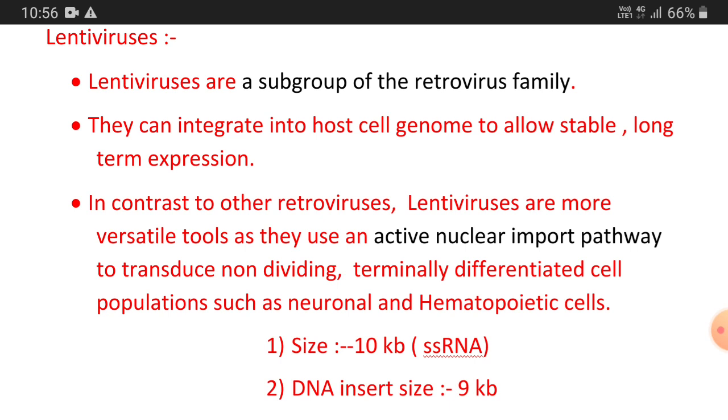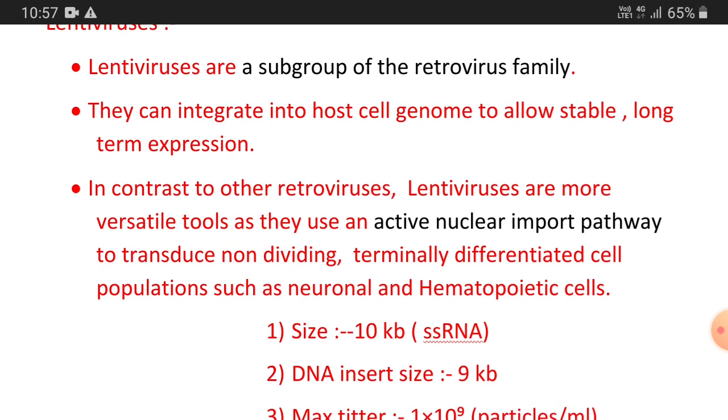Although it does not have a wide range of cell tropism, we can construct a wide range of cell tropism with a special type of envelope known as vesicular stomatitis virus glycoprotein.